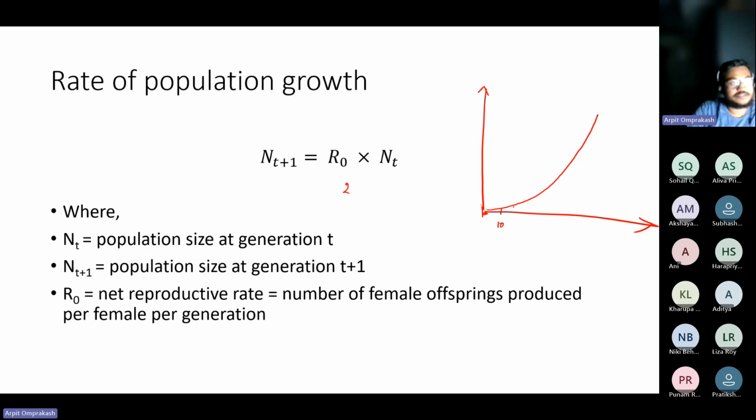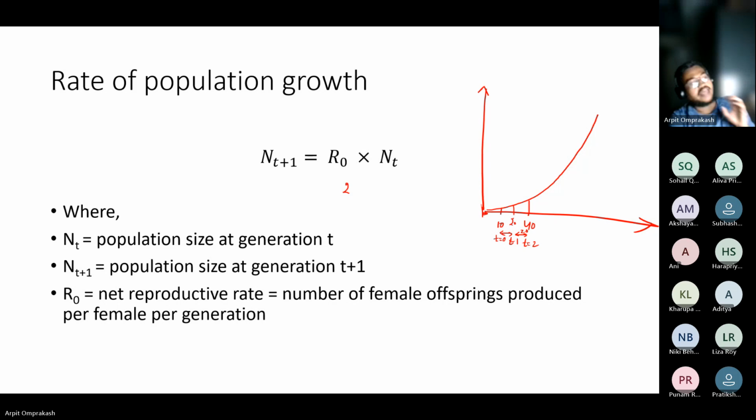In the next time step, you will have 20 individuals. So this is t equal to 0, t equal to 1. But at t equal to 2, you have 40 individuals, because your R is 2 again, and 20 times 2 is 40. So in one time step, or one generation, here you have an increase of 10 individuals, whereas here you have an increase of 20. And this increase keeps on increasing, and thus you have an exponential curve here.